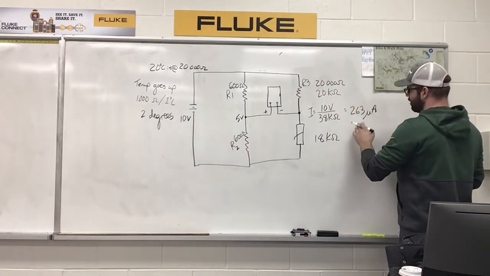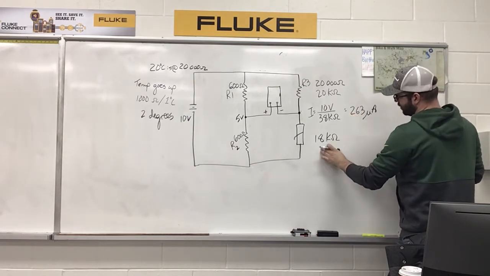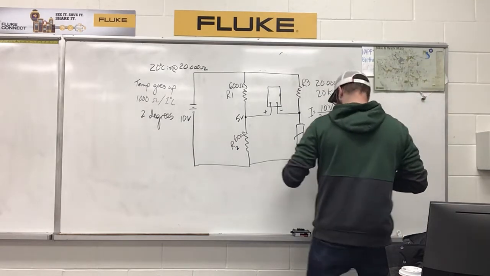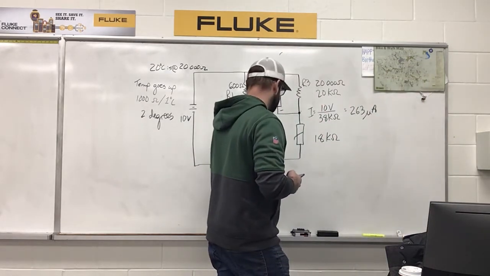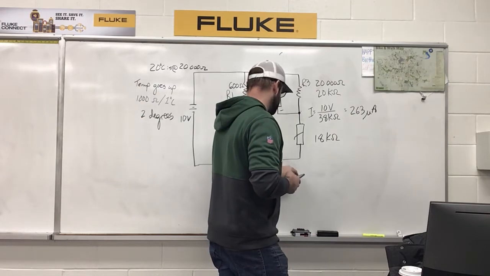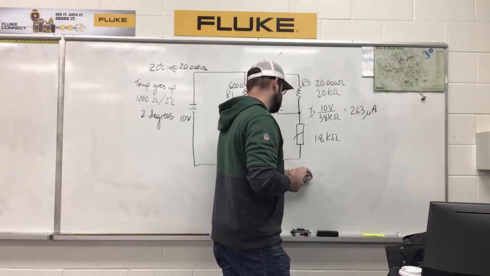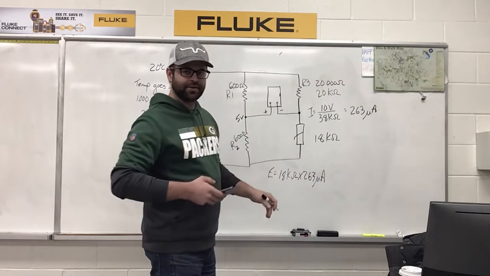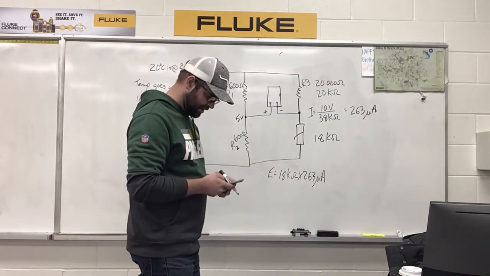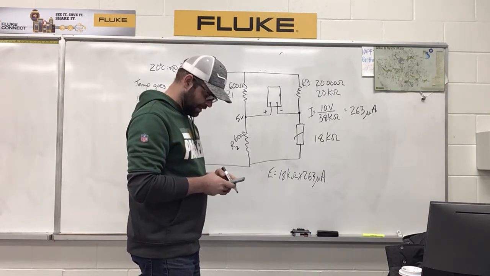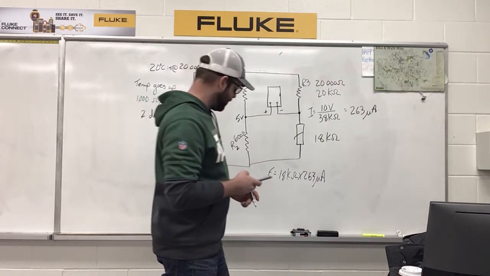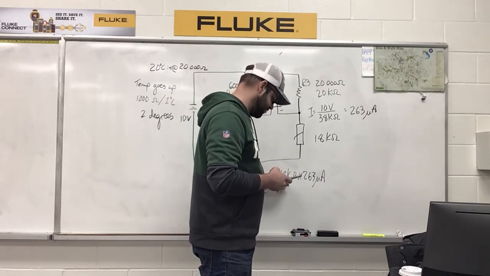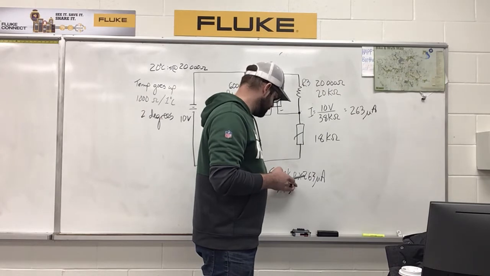Okay, so now we take that value, multiply it by the resistance of the thermistor. So our voltage is going to be 18 k ohm times 263 microamps, and depending on how many decimals you saved in your calculator might change your answer slightly, we multiply that by 18,000, and we get a voltage of 4.737 volts.